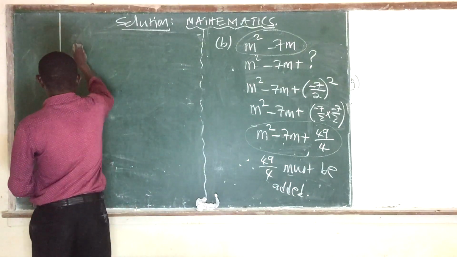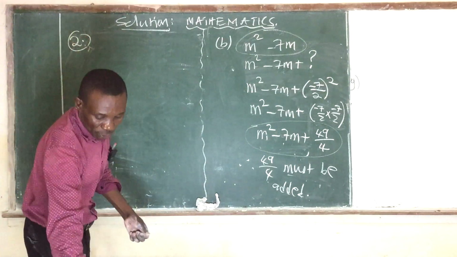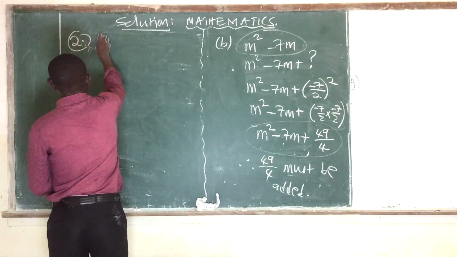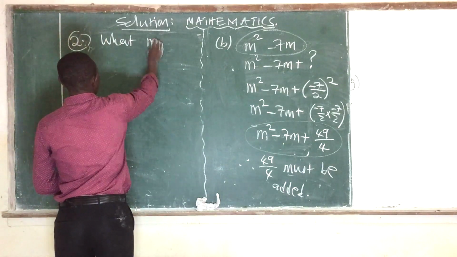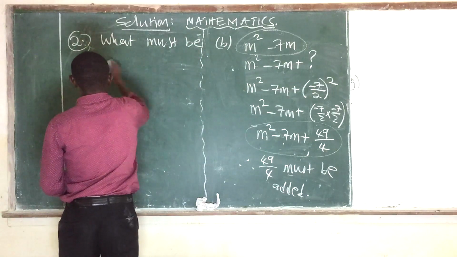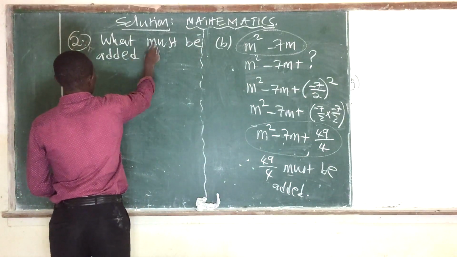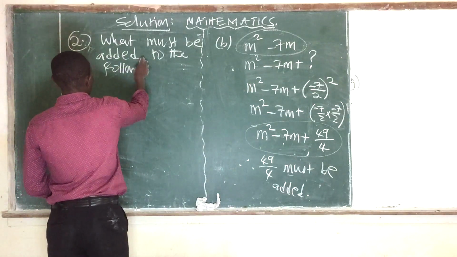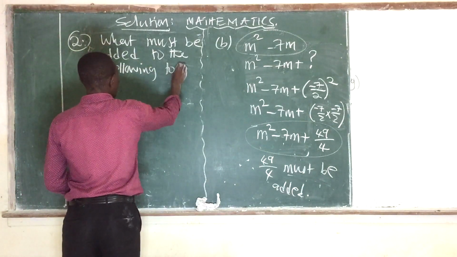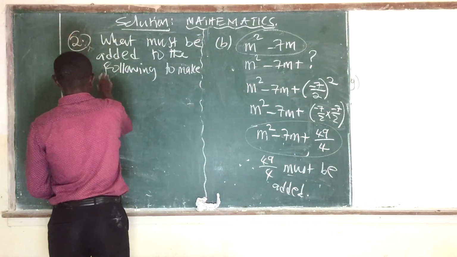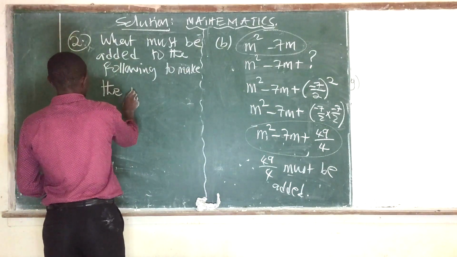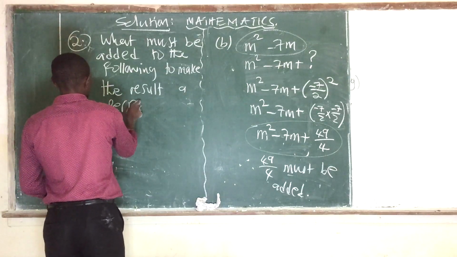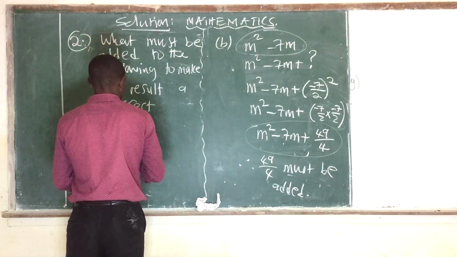Number 2. We also talk of the same kind of example but a different expression. You say: what must be added to the following to make the result a perfect square?